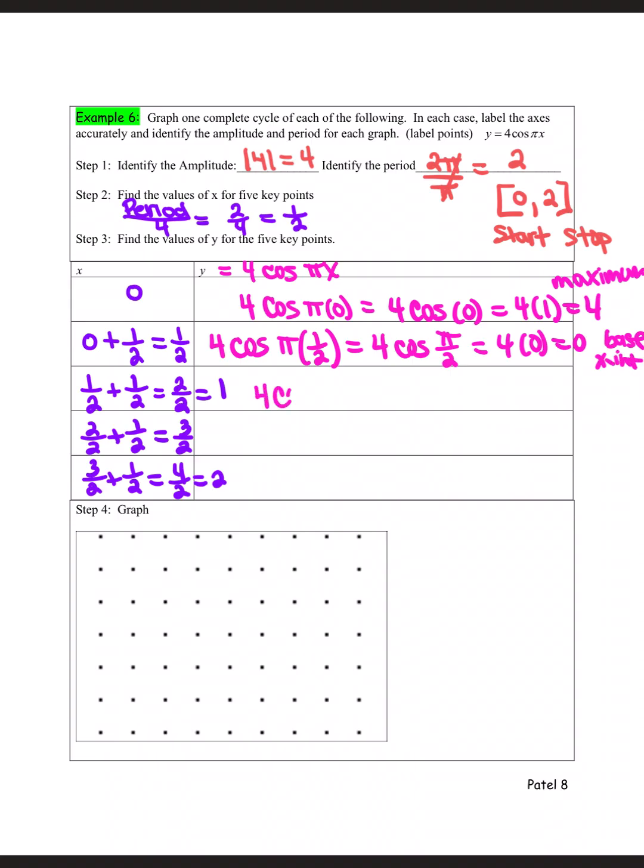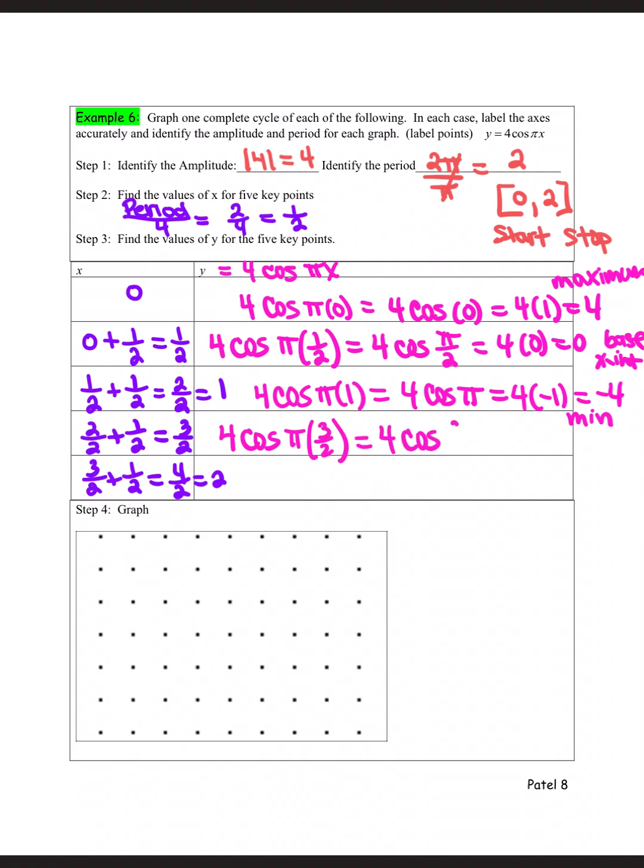Substituting 1, we have 4 cosine of pi times 1. Well, that's just 4 cosine of pi, and cosine of pi is negative 1, and 4 times negative 1 is negative 4, so there's my min. The next x value is 4 cosine of pi times 3/2, so that's 4 cosine of 3 pi over 2.